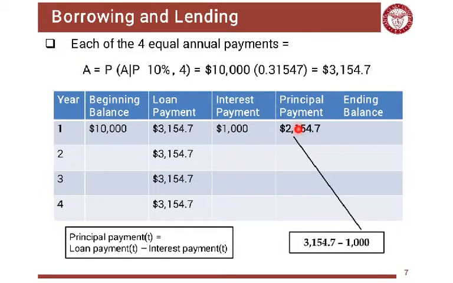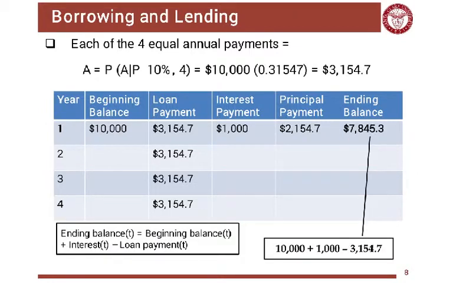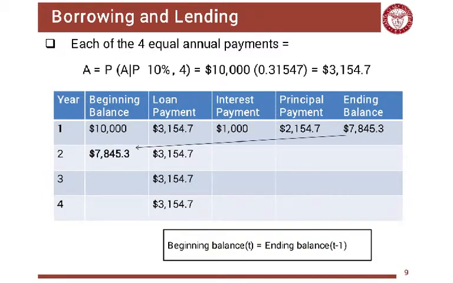Together they add up to the amount that you pay this year, and the principal payment is used to reduce the principal amount that you have. So the ending balance will be simply the 10,000 minus the principal payment. The ending balance is then the same as the beginning balance of the second year, and then keep going with that.